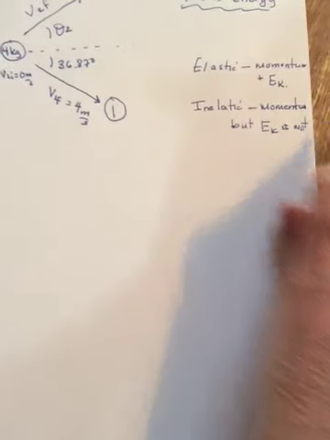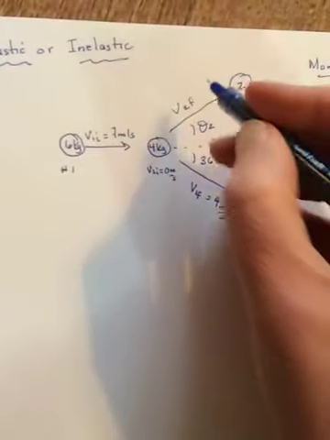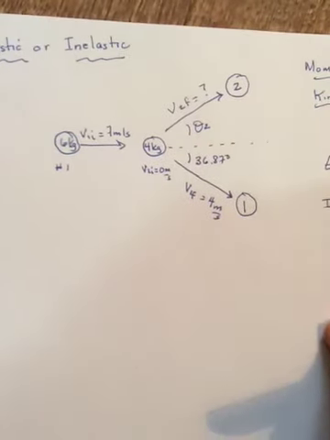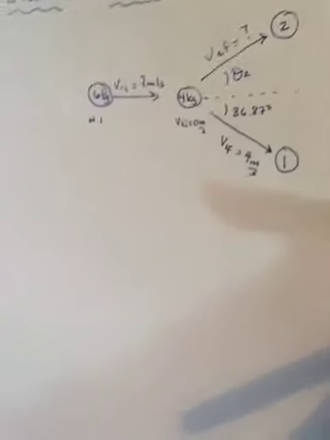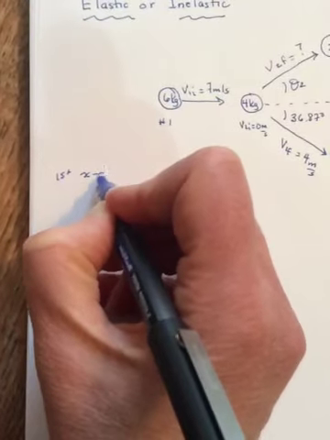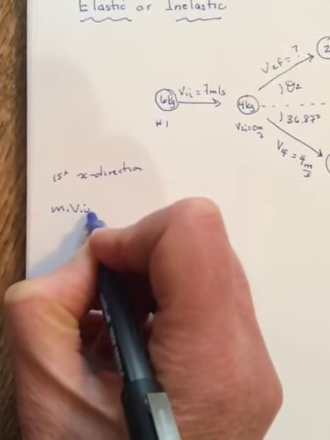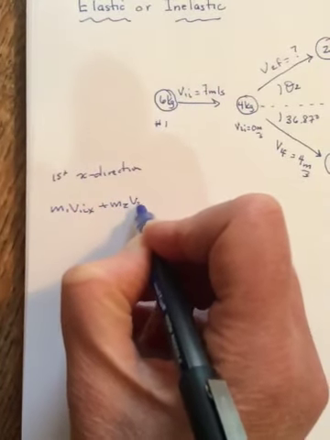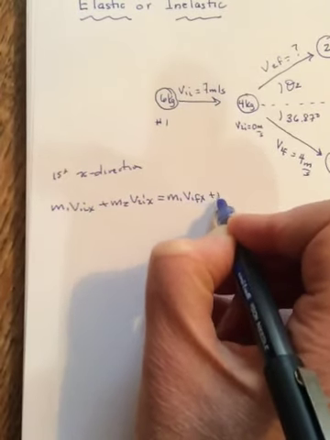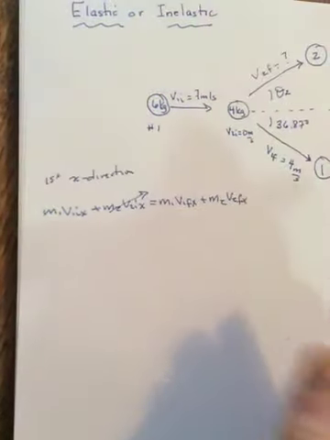When we do these problems, just like in grade 11, we use momentum to figure out the missing velocity, and then once we have the missing velocity, we use the kinetic energy equation to find out if it's elastic or not. So we start off by doing the x direction. m1v1 initial x plus m2v2 initial x is equal to m1v1 final x plus m2v2 final x. m2 initial is 0.